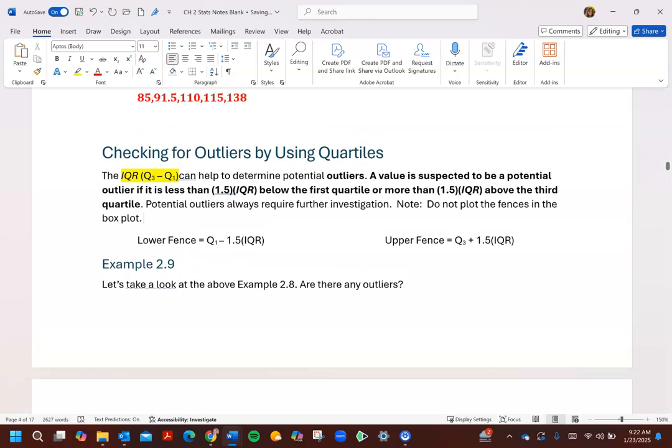Let's write that right in here. 115 minus the 91.5. So that is going to equal 23.5. So you can do this along with me. So this is my IQR.